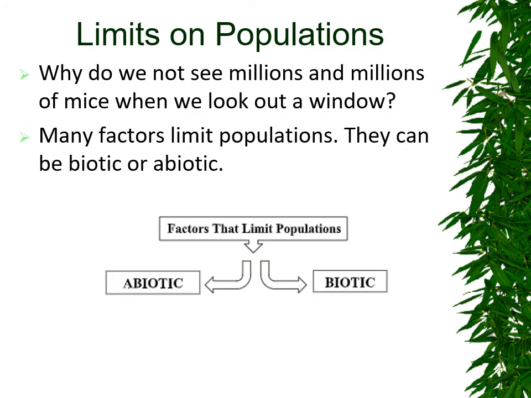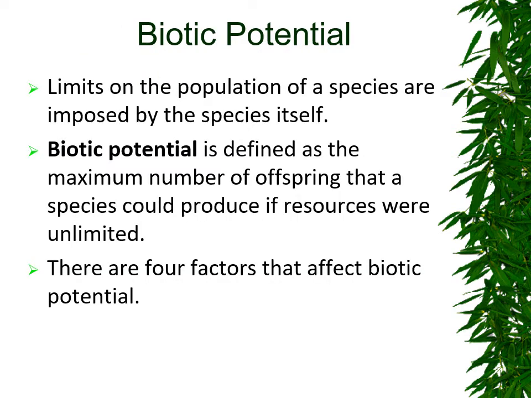Limits on population. Why do we not see millions and millions of mice when we look out the window? There are many factors that can limit a population. They can be both biotic or abiotic. Biotic potential refers to limits on the population of a species that are imposed by the species itself.